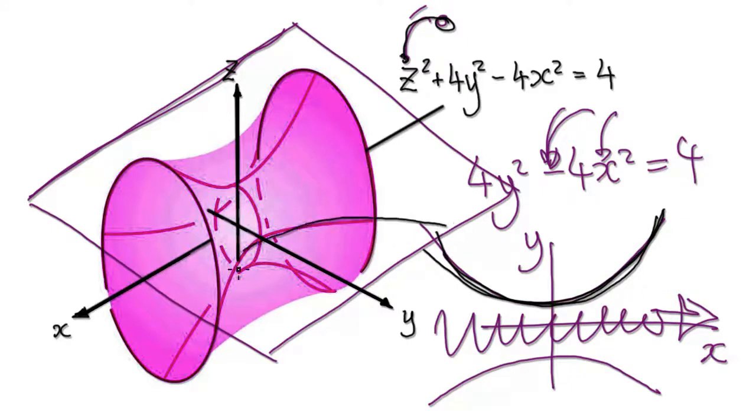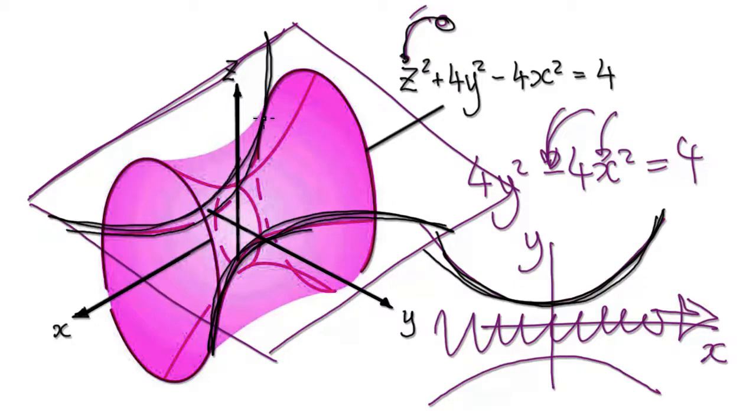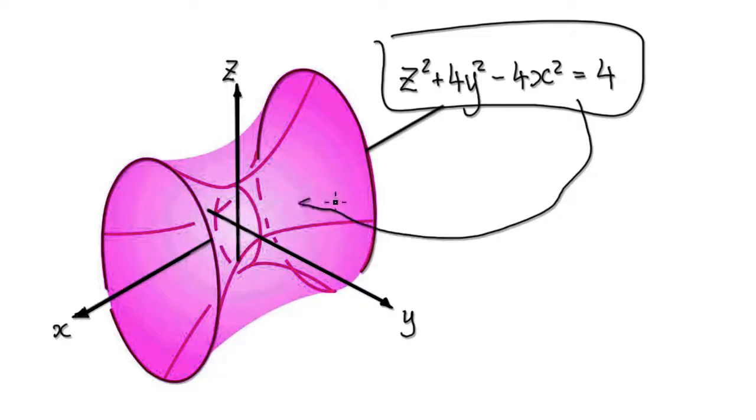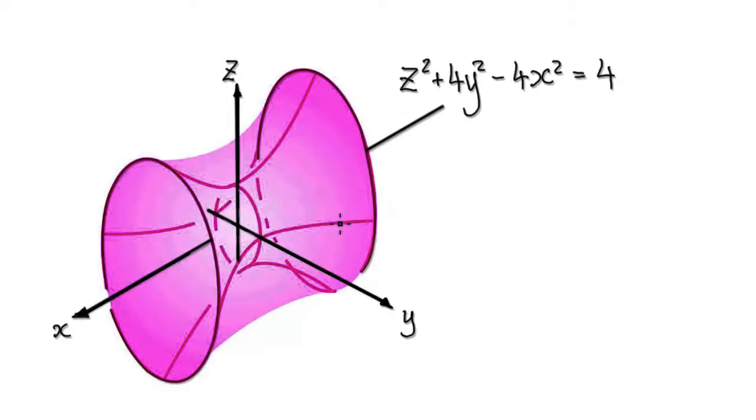You've got this thing here on your sheet of paper, and then on the negative side, you're going to have something like this. So this strand here is represented by this thing here. So I hope you can see why this equation would generate this surface. So yeah, I hope you can see that.